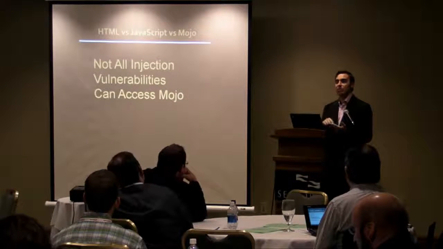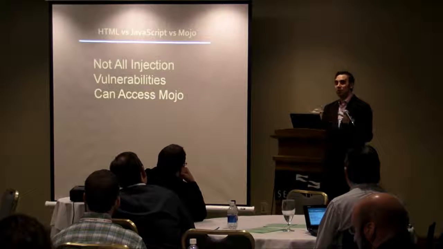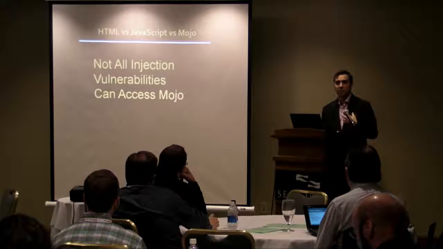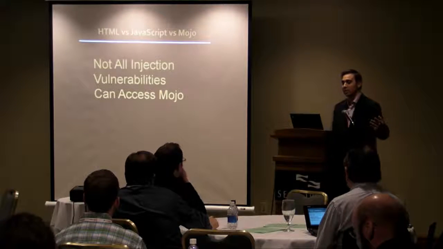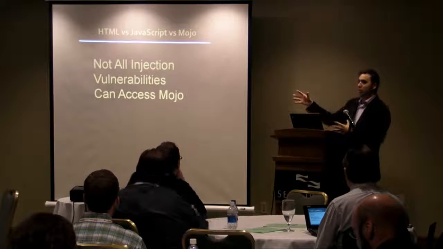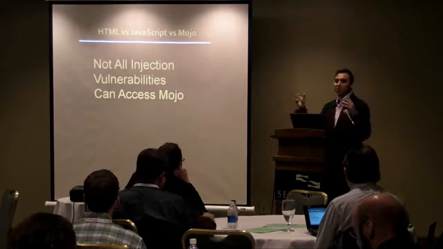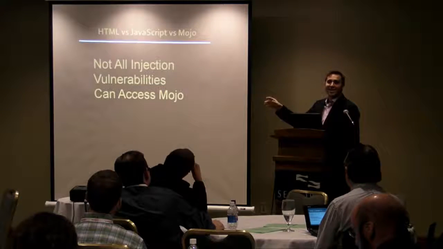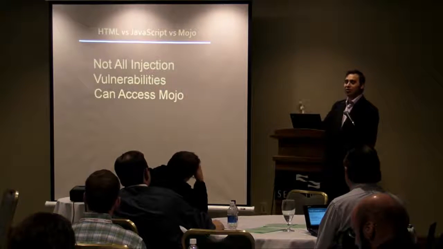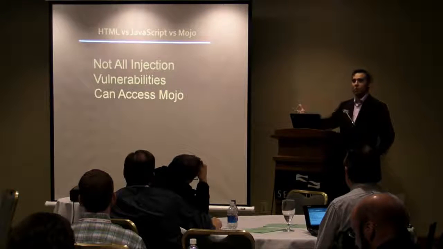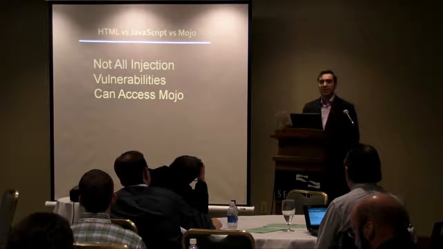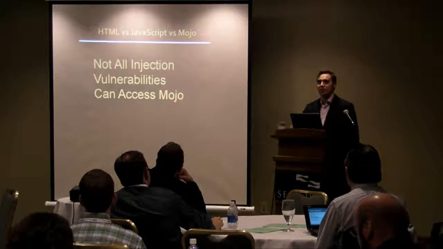That means I can't do some of the cross-app launching attacks I talked about, because to do that, I need to be able to use Mojo to send that message across processes. And then lastly, you get Mojo, and when you have Mojo, you have Mojo. You have the ability to access all the phone services, and that's how you really jump across applications like I demonstrated.